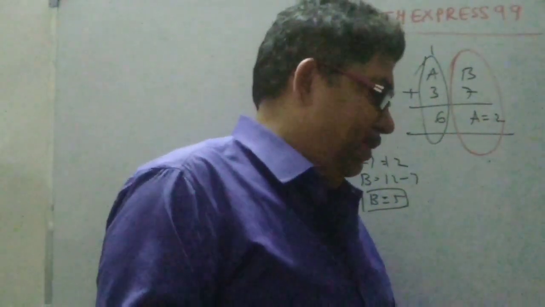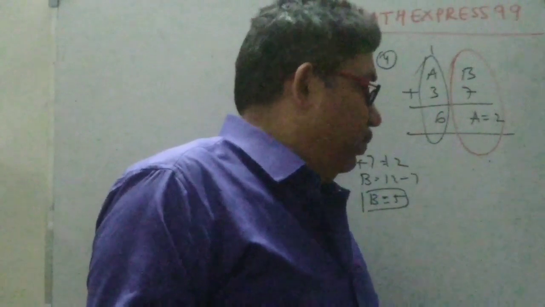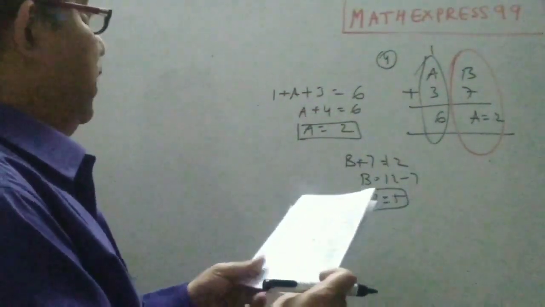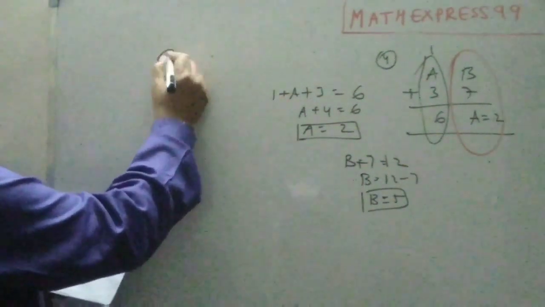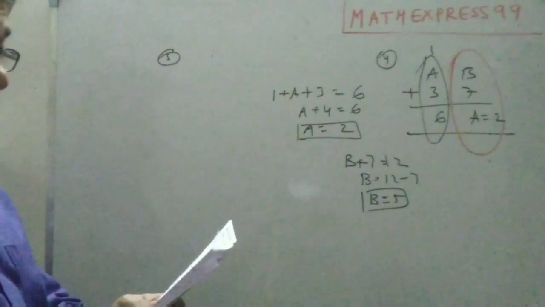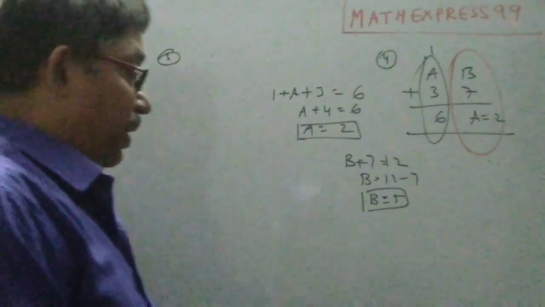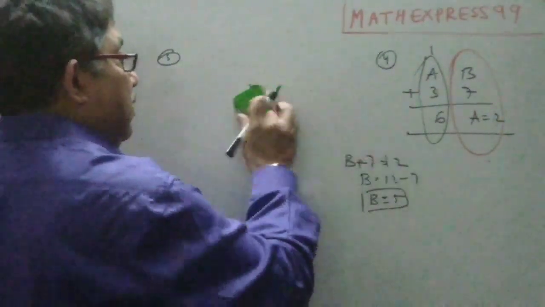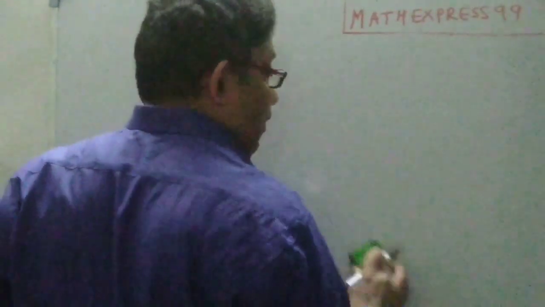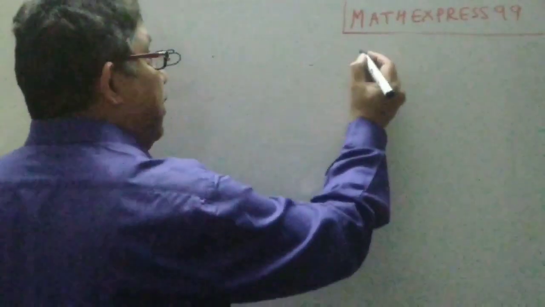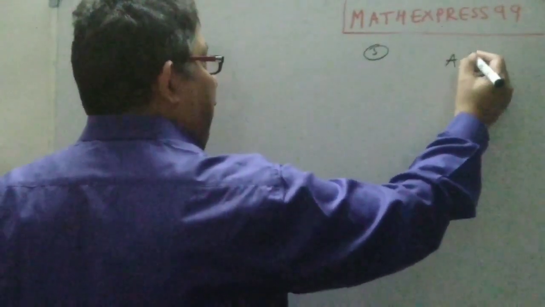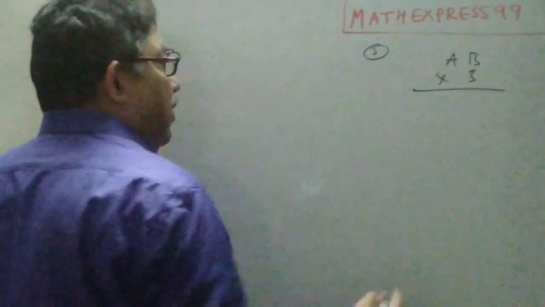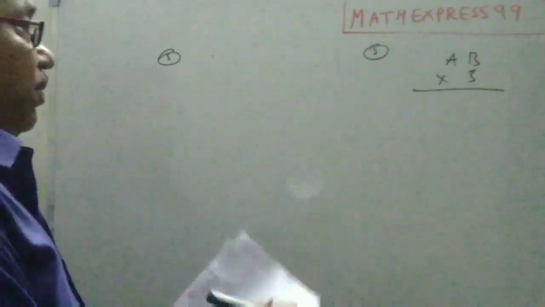Now coming to question number 5. Now what is question number 5? AB into 3, I will write this off. AB into 3 is equal to CAB.